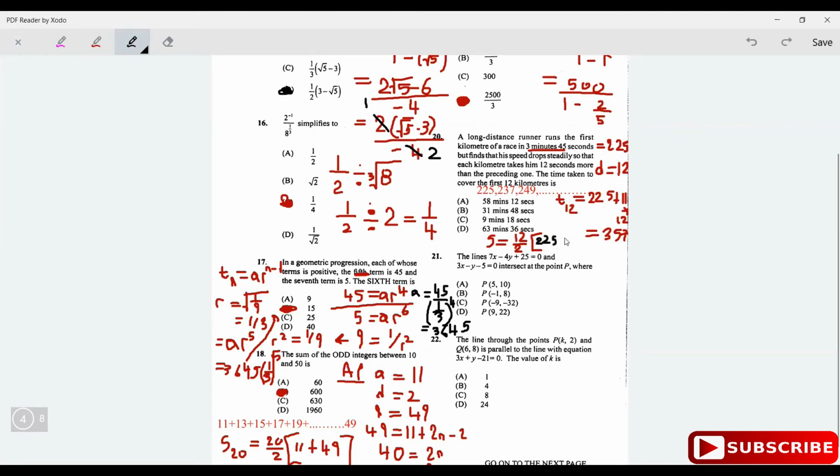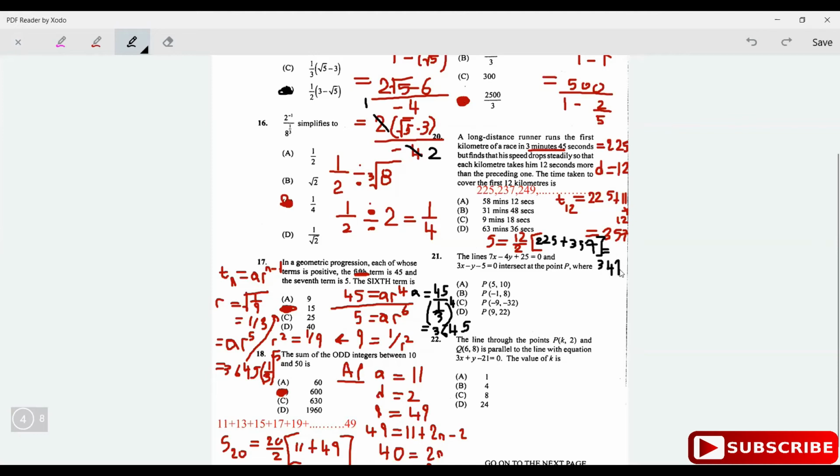225 plus 357. All right, so his speed drops significantly. So when you work out all of this, that will give you the sum. So 225 plus 357 times 12 over 2, which is 6, you get 3,492 seconds.